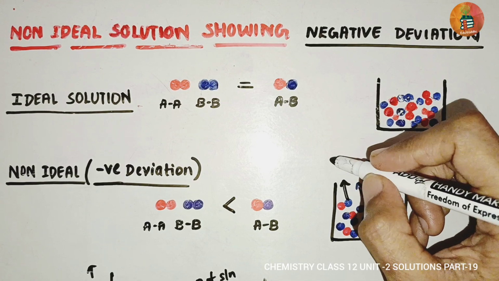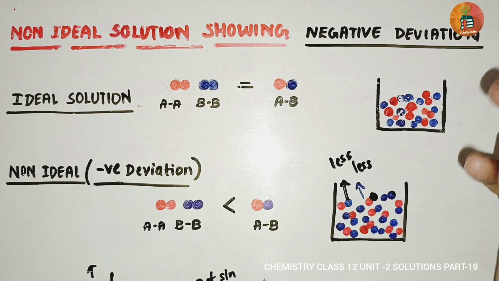So here also the vapor pressure will be less, because the escaping tendency for each component, it may be A or it may be B, is less, because each of the components has intermolecular bonding with the other component, which it has to overcome and escape. So that is difficult. So for both the components, the vapor pressure will be less. That is why we say that in the case of non-ideal solutions showing negative deviation, we get a vapor pressure lesser than that expected from Raoult's law.